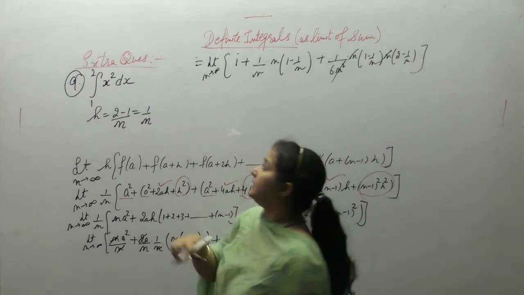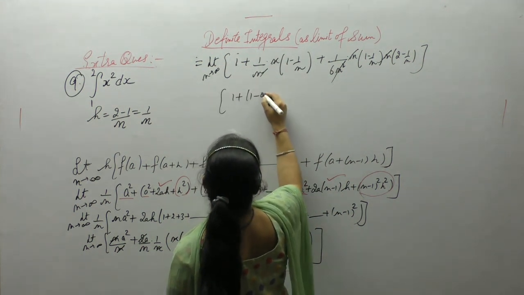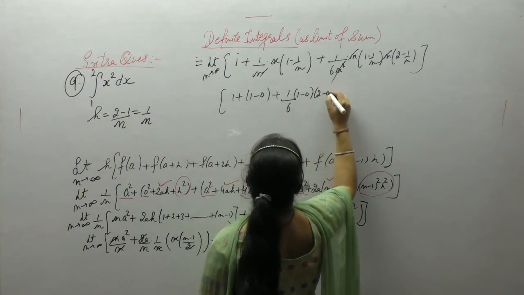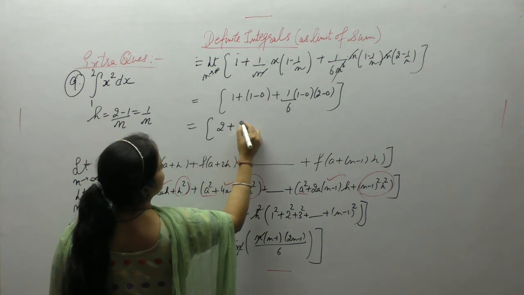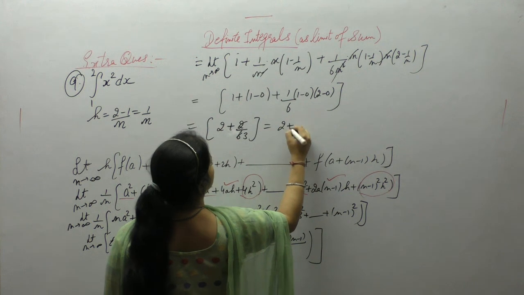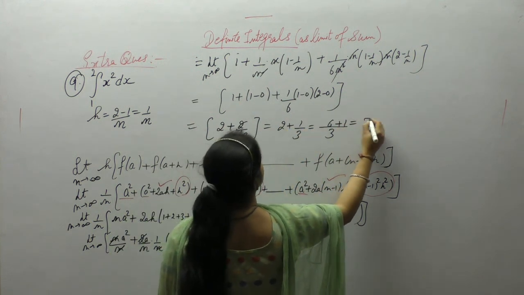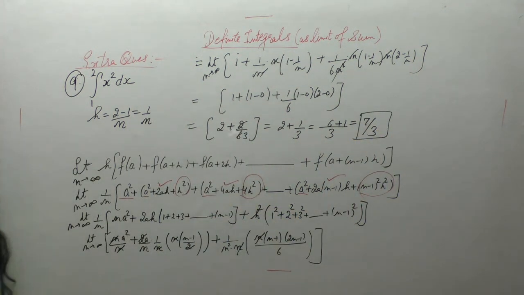Now put the limit n tends to infinity, 1 plus 1 minus 0, 1 by 6, 1 minus 0, 2 minus 0. 1 plus 1, 2 plus 2 by 6, 1 by 3. 3 into 2, 6 plus 1, 7 by 3.